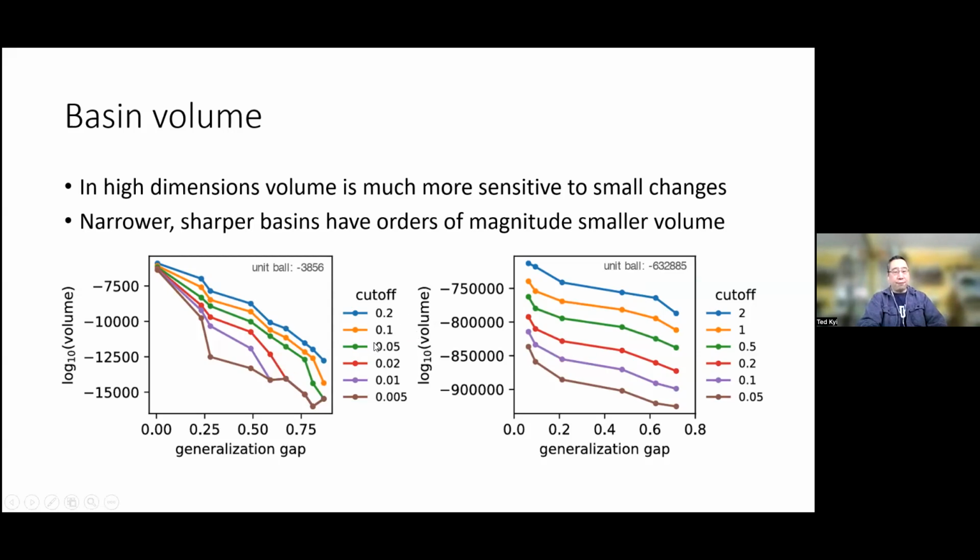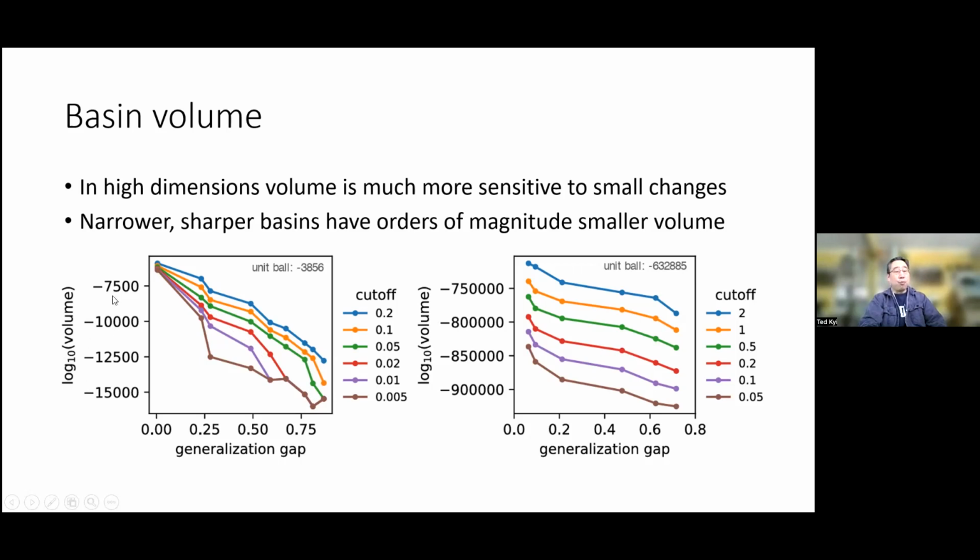And again, these different cutoffs are basically how high up the basin you go in order to calculate volume. So they're saying it's not because they cherry picked some special way of calculating it. Even if they had picked many different ones, they have the same property where when the generalization gap is low because they have no poisoning, then the volume is much higher. When the generalization gap is large, the volume shrinks by a ton because these are negative numbers.